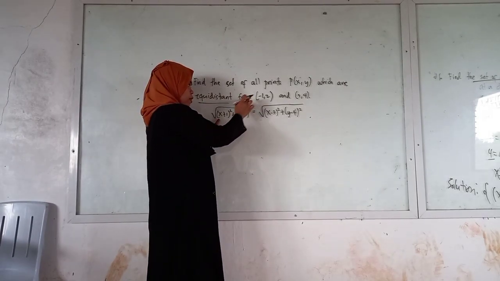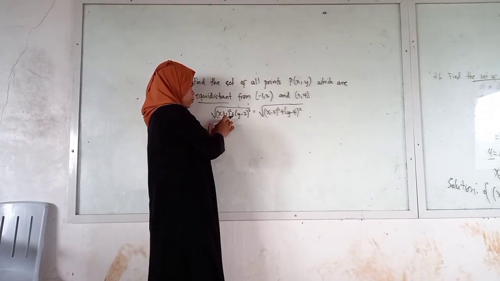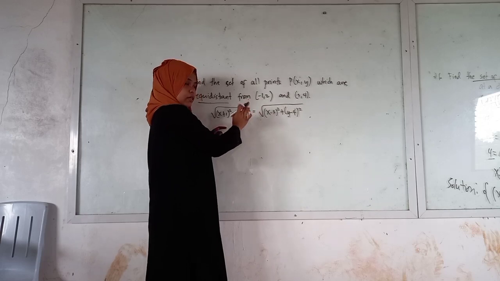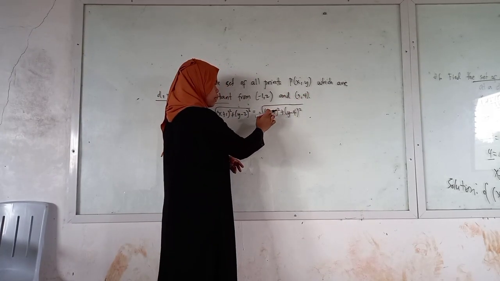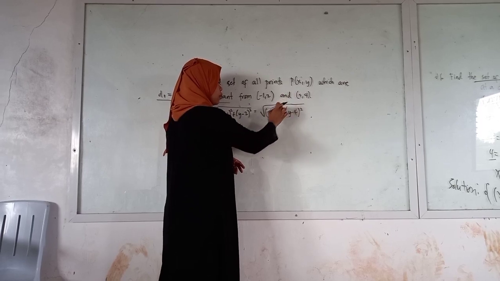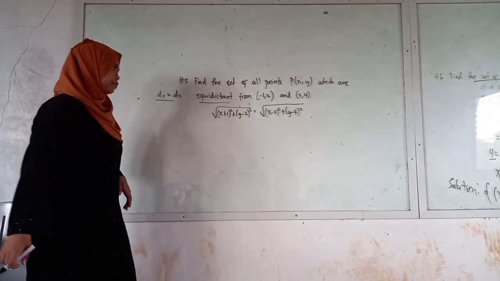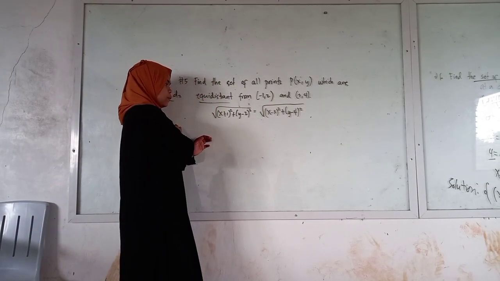Kasi x minus negative 1, that will be x plus 1, quantity squared, plus y minus 2, quantity squared. And then sa kabila naman, ito na naman yung gagamitin kong point. So, I have x minus 3, quantity squared, plus y minus 4, quantity squared. Equal natin sila kasi ang nakadikit dito daw ay equidistant.